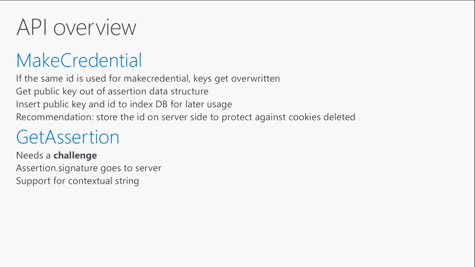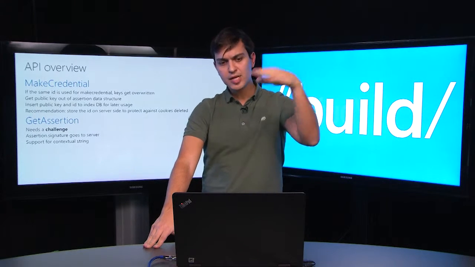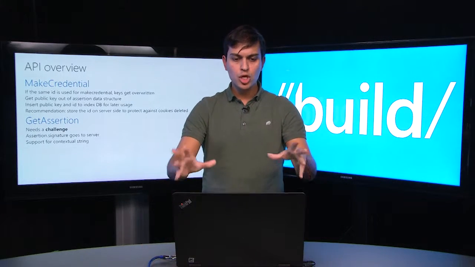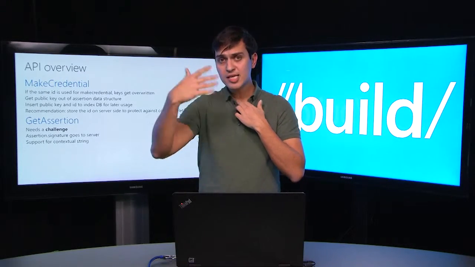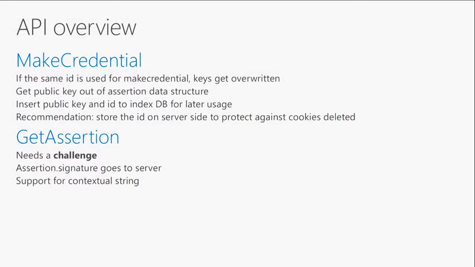So in summary, things to remember: when you call the first API, that's where the key pair gets generated on the system. You need to remember the ID that is given back to you. And if you use the same ID for creating, if you specify your own ID, the key will be overwritten. As part of the first API, you need to get the public key out of it, and that becomes the new credential for the user that the server needs to know of.